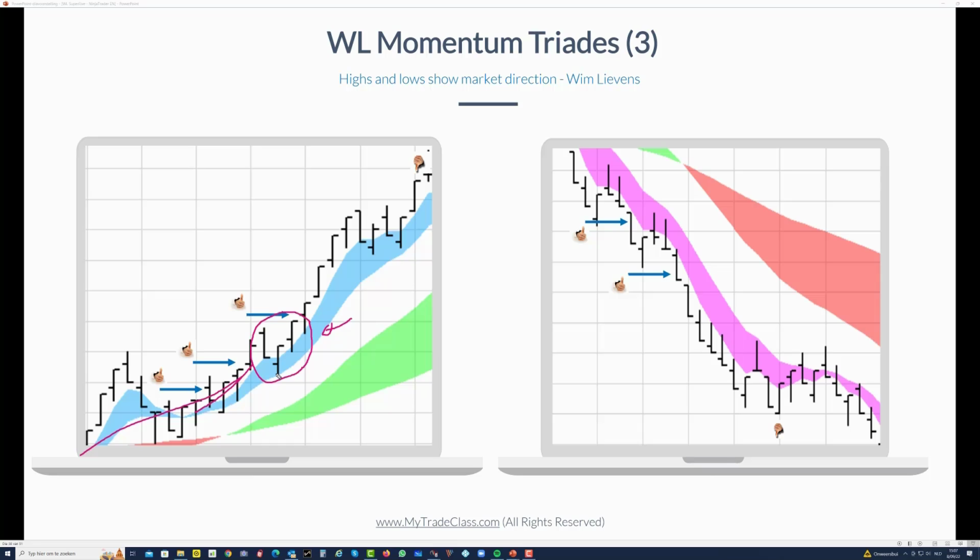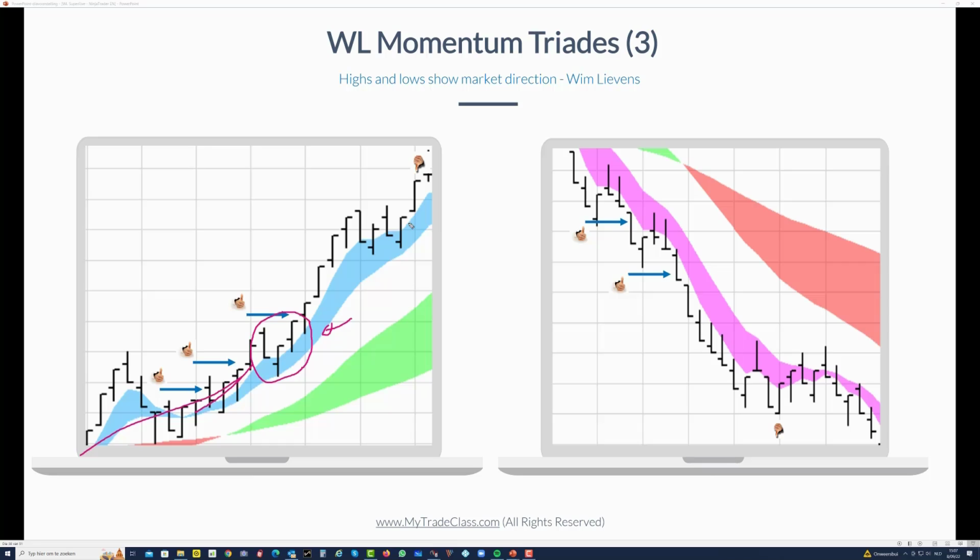With this type of candles, you can, and of course the WL SuperFive will also alert you of these moves. These triads are built on the WL momentum, that means on the smaller cloud in one direction or another.